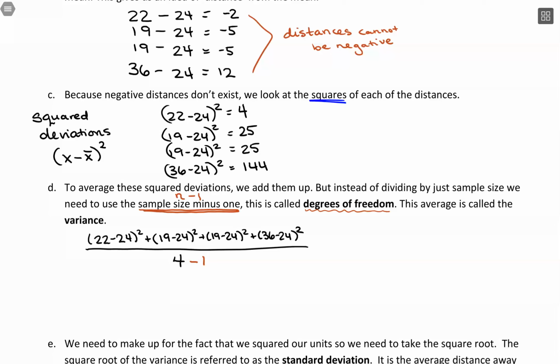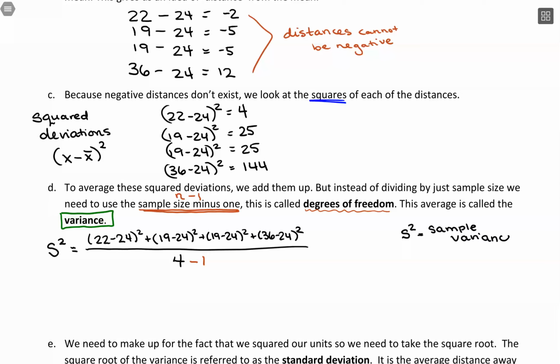This calculation right here, where we're starting to get at the idea of this average distance from the mean, although this is technically average squared distance from the mean, this is called variance. And the symbol that we use for variance, if it's a sample variance, we use s squared. So s squared represents sample variance.